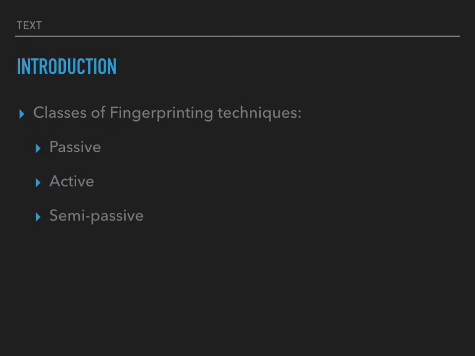For the active technique, the fingerprinter must have the ability to initiate the connection with the device. For example, they can be the website or the ISP service provider. For the semi-passive technique, after the device initiates a connection, a fingerprinter has the ability to interact with the device over the connection.